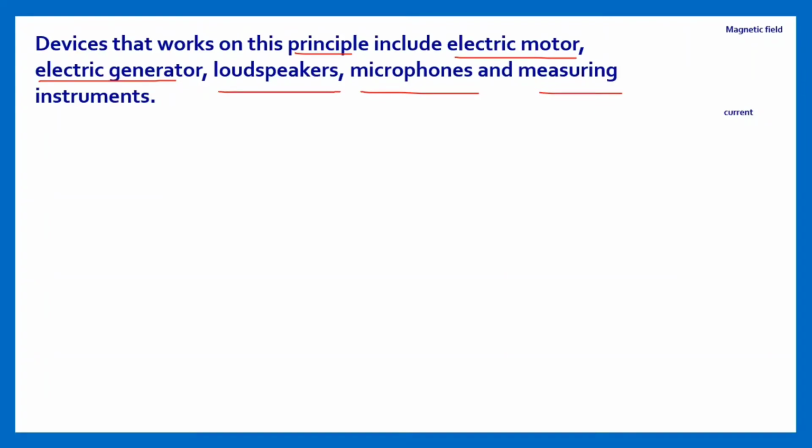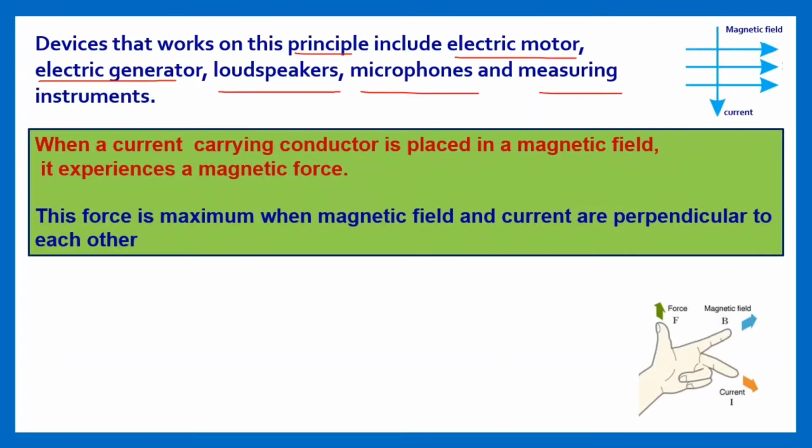That force is maximum when electric current and magnetic field are perpendicular to each other. This is the principle, and on this principle these devices work. Here you can see in the picture the direction of magnetic field and the direction of electric current. They are perpendicular to each other. In this condition, a conductor will experience the maximum force.